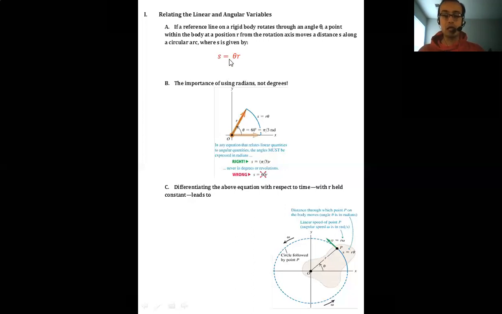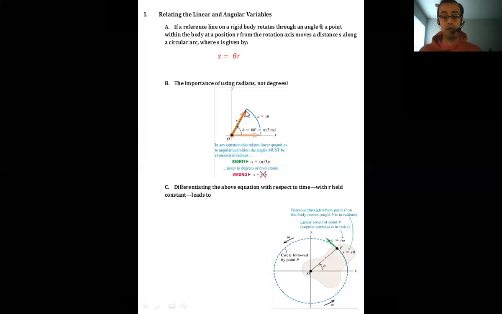If you differentiate this with respect to time, and you say that r is held constant, so why are we holding r constant? Well, if we're measuring the velocity of a particular point as it's moving around this circle, the distance between that point and the center of the circle is fixed.